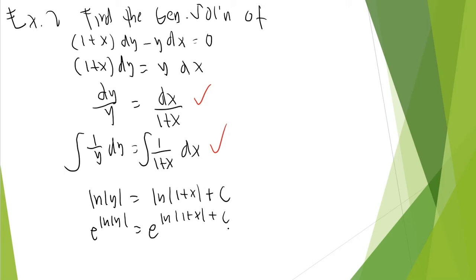Based on the rule we learned from our previous mathematics subject, the left side is just y, and the right side remains e raised to ln of the absolute value of 1 + x plus C. So this is the answer using the third step.